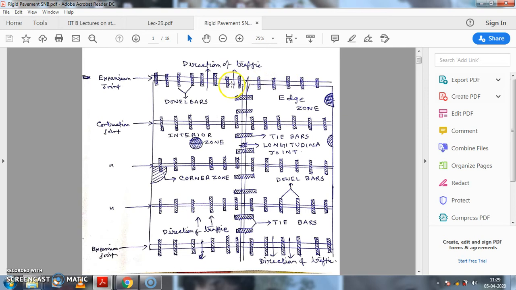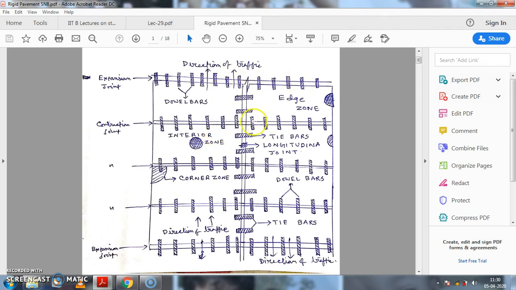But we have to know that for rigid pavement also, where we place steel, there is an influence of expansion and contraction. Expansion means when the temperature increases in general, that steel will tend to expand. And if sufficient space is not provided, then obviously cracks will be there.